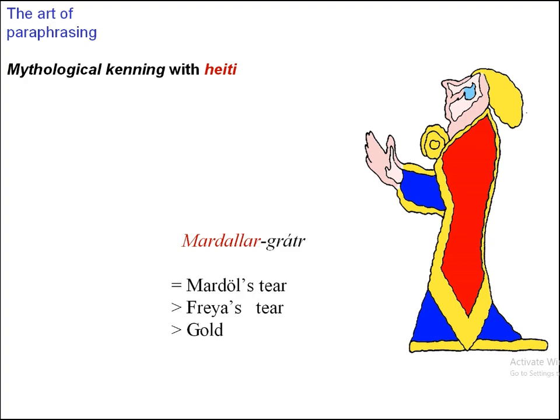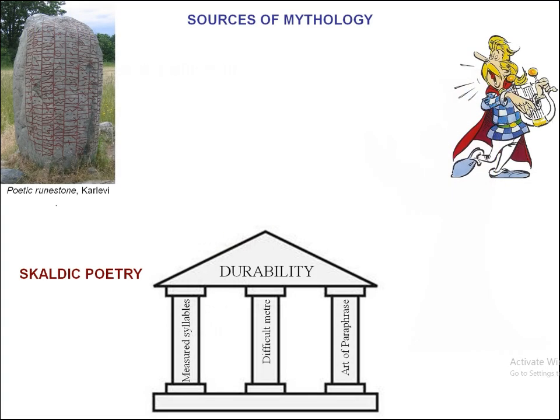So what you see in front of you are the different steps of deciphering this kind of kenning. In order to recapitulate, we remember that the durability of skaldic information rests on three pillars: measured syllables, a difficult meter, and the art of paraphrasing some words by using kenningar and heiti, which is the Old Norse plural of kenning and heiti.